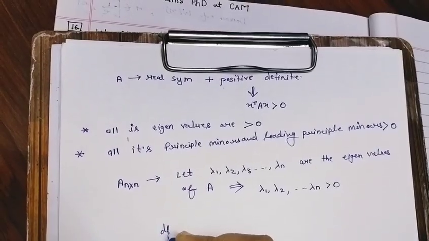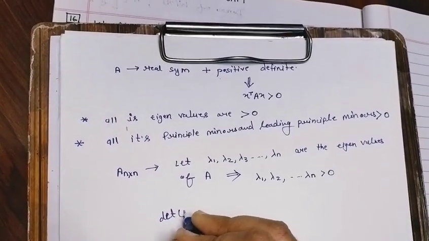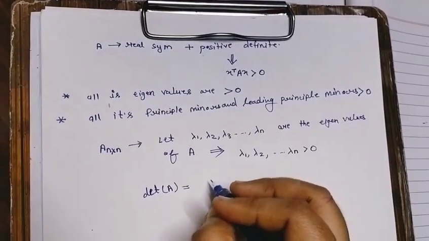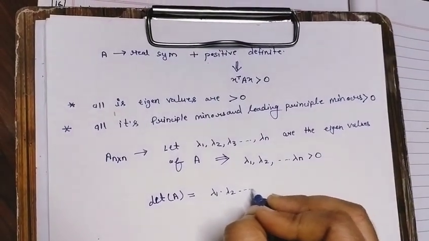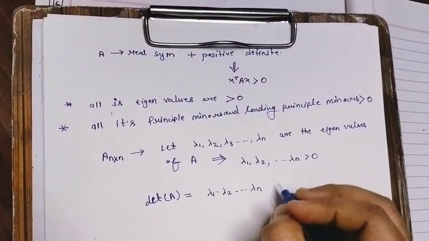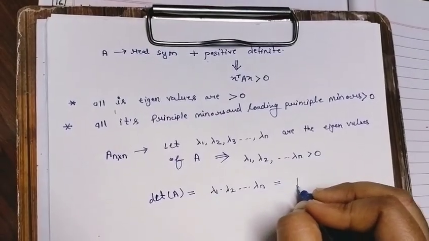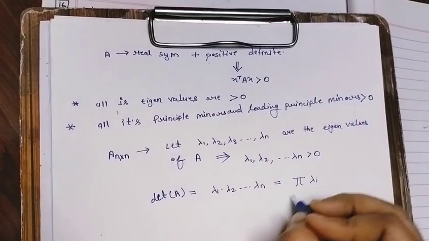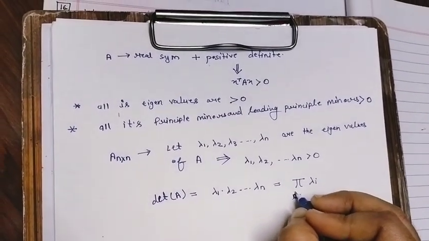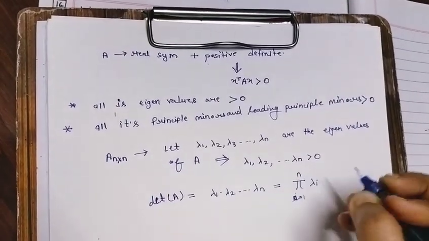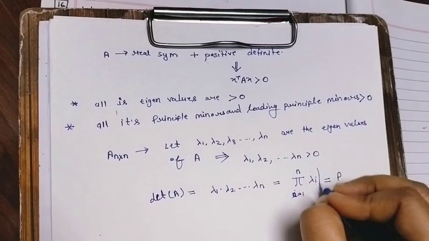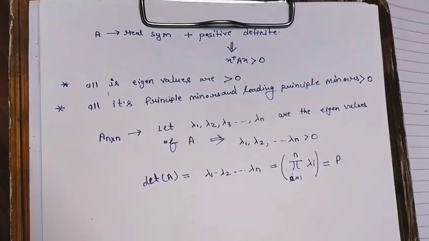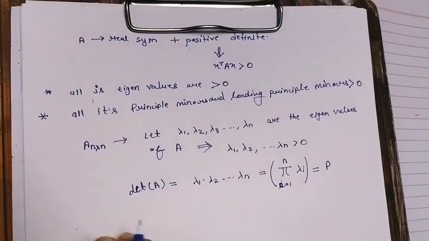Then determinant of A is nothing but the product of all eigenvalues, lambda 1 into lambda 2 up to lambda n, or product of lambda i from 1 to n. I am denoting this product as P for simplicity of notation.